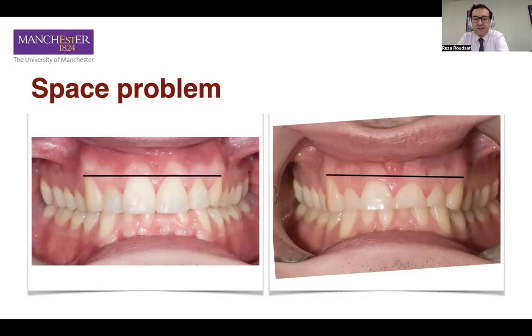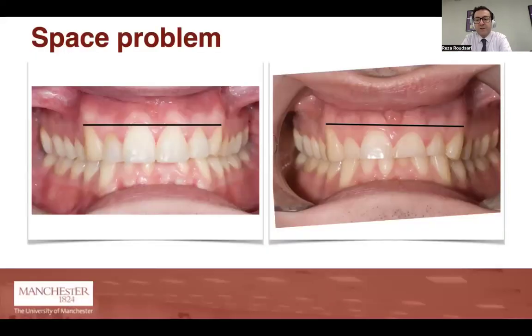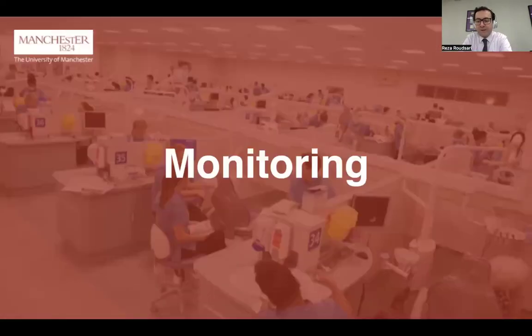So if you look from canines to canines of both pictures, the canines are where they used to be, but you can see as the teeth palatally wore down, they moved toward each other, and there's no gap. So that's one of the biggest problems that you will face as a clinician, because you lose space.